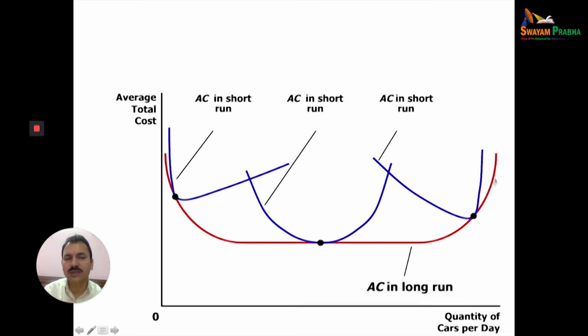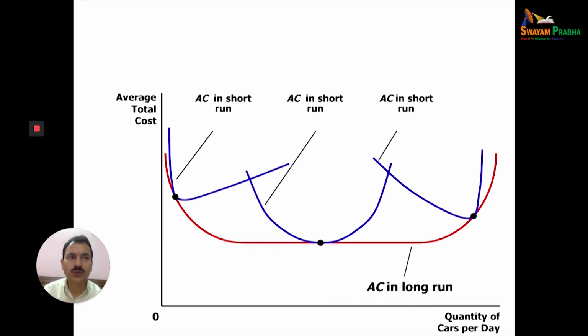You can see it is flatter; it is not purely L shape, but it is more flat. And this long run average cost curve is derived from the short run cost curves. For example, this is short run cost curve 1, short run cost curve 2, short run cost curve 3. So the long run average cost curve is derived from the short run cost curves.